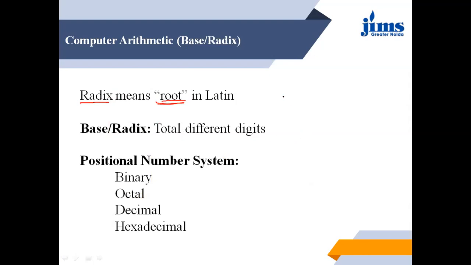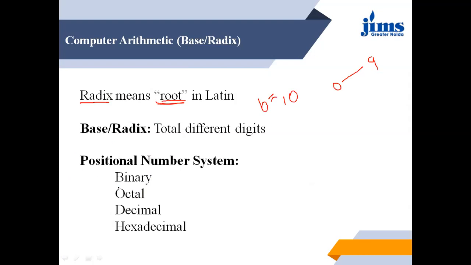For example, as we are saying a decimal number system, we know the base of the decimal number system is 10. So there are a total of 10 different digits in this base, that is from 0 to 9. These are the different digits used to represent a decimal number.